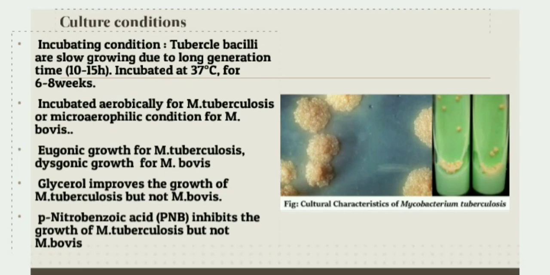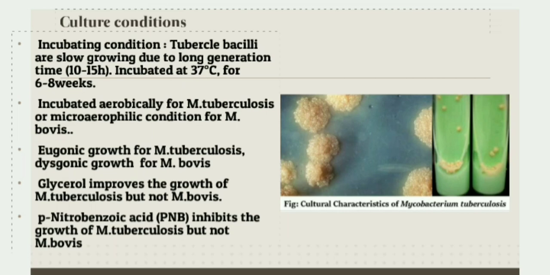Next, let's move on to the culture technique. Tubercle bacilli have a long generation time, so the bacilli are slow growing. So it takes 6 to 8 weeks. Media should be incubated aerobically for Mycobacterium tuberculosis, and it should be incubated in microaerophilic condition for Mycobacterium bovis.